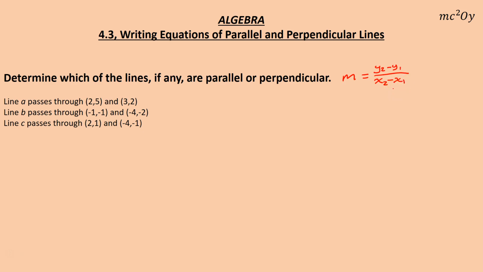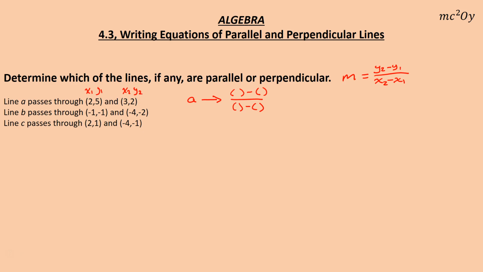I'm just going to find the slope for each of these. So line A, I'm going to have 4 different spots: y2, y1, x2, x1. I'm going to label everything in this spot x1, this spot y1, this spot x2, and this spot y2.